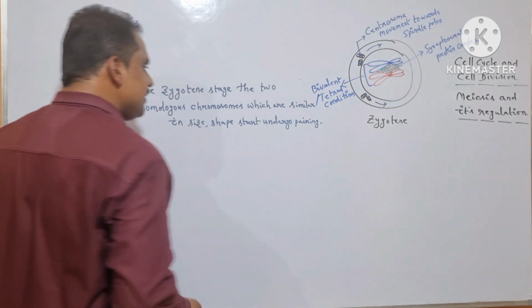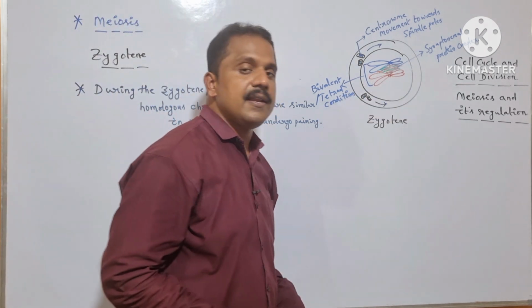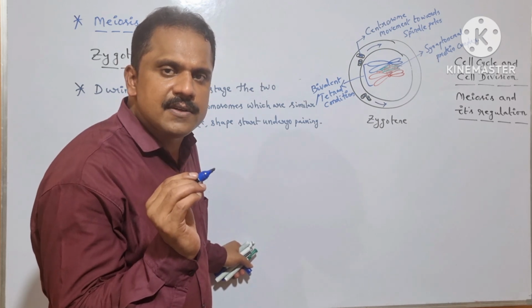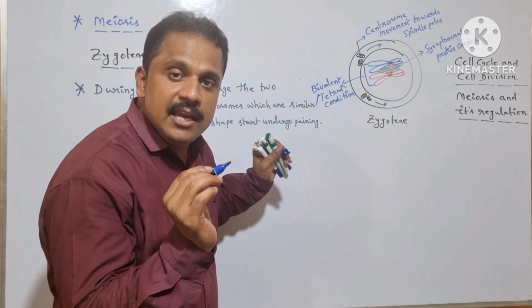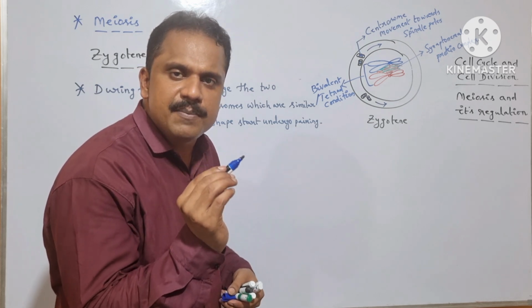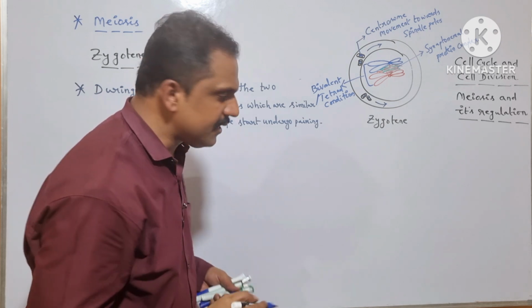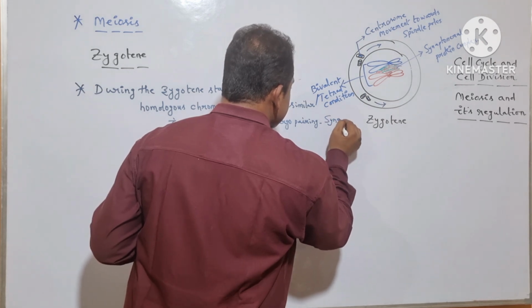And here the mechanism or the process through which the two homologous chromosomes start undergoing pairing is termed as synapsis. And here electron microscopic observations have revealed that in order to regulate the synapsis between the two homologous chromosomes, there is a requirement of a specific protein complex termed as synaptonemal protein complex. Is it clear? Synapsis.